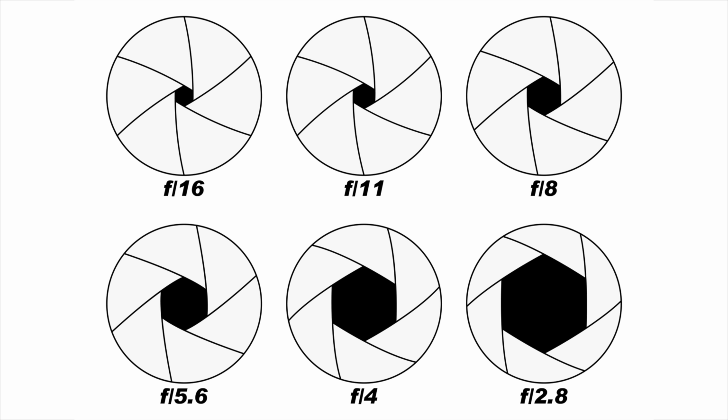Aperture, however. Some of the most common full stop values for aperture include f2, f2.8, f4, f5.6, f8, f11, f16 and f22. Just like the other elements, to move up or down one stop, we have to double or halve our f value.